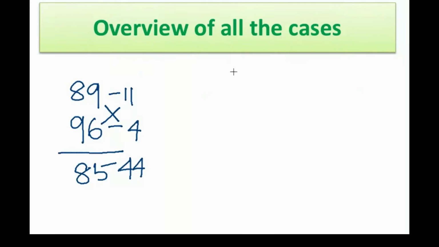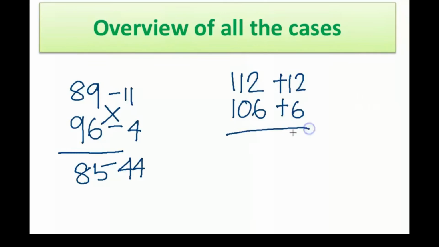Now let's consider the case where both the numbers are more than 100. For example 112 and 106. In this case, 112 is 12 more and 106 is 6 more. So same thing again.